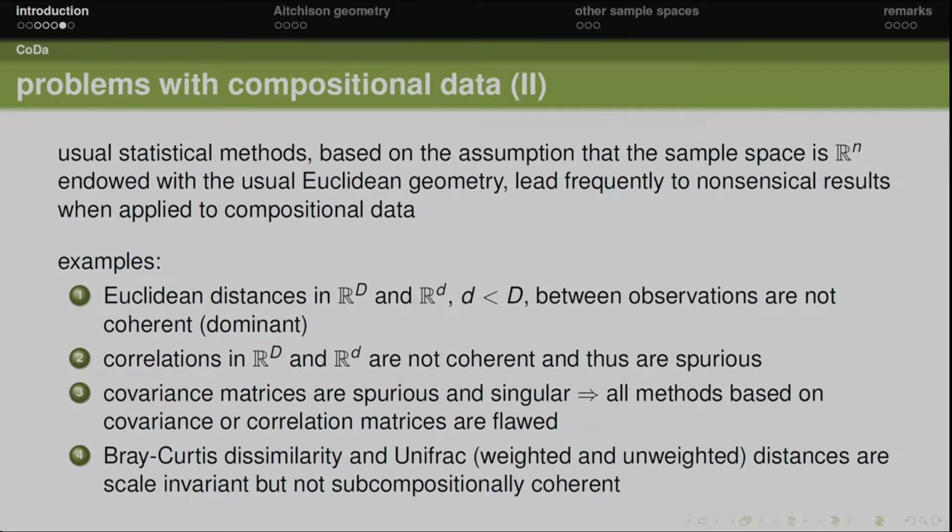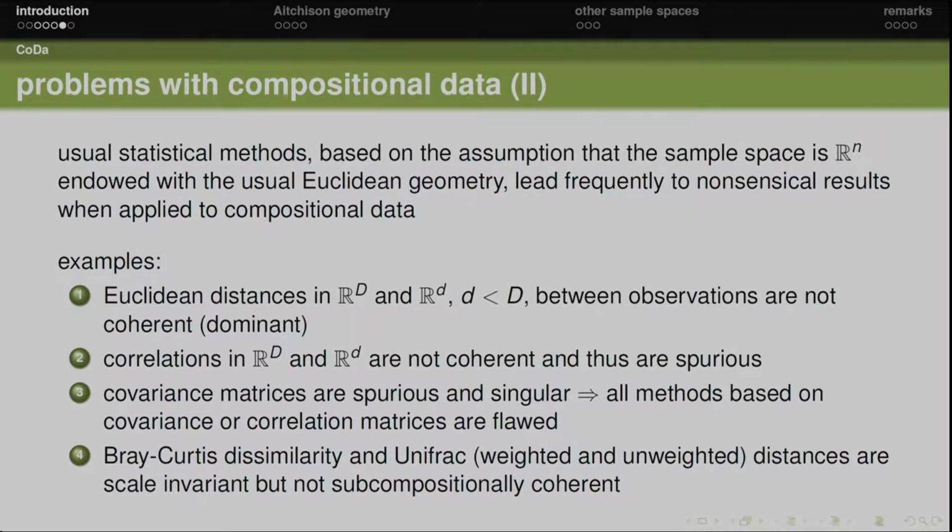So, which are the problems? The problems are that standard methods are essentially based, in the immense absolute majority of cases, on the assumption that the sample space is the real space, and that the Euclidean geometry holds, and that the Lebesgue measure applies. And with compositional data, with frequencies, the sample space of relative data is not the whole real space.